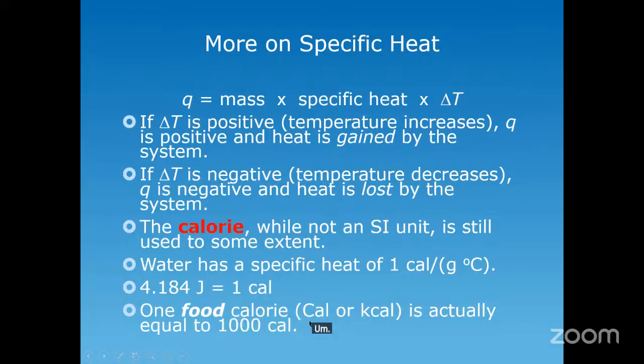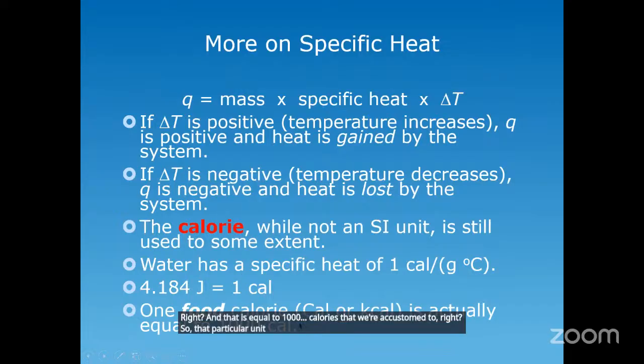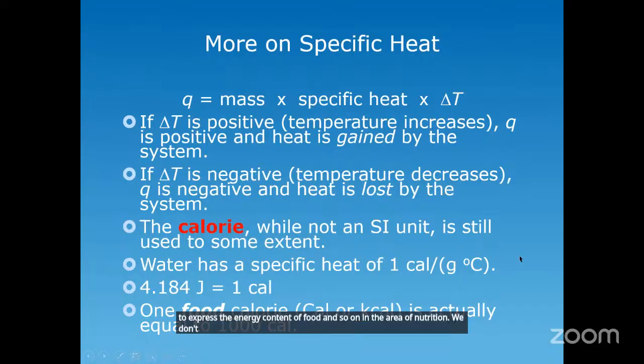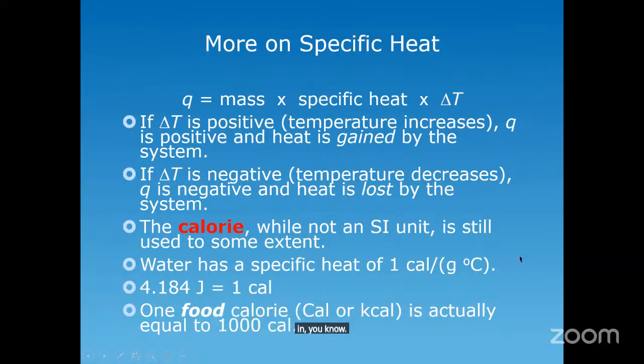The food calorie is uppercase Cal, the same thing as a kilocalorie, and that is equal to 1,000 calories. That unit is used to express the energy content of food in the area of nutrition. We don't really use it that much in chemistry, for example, all right?